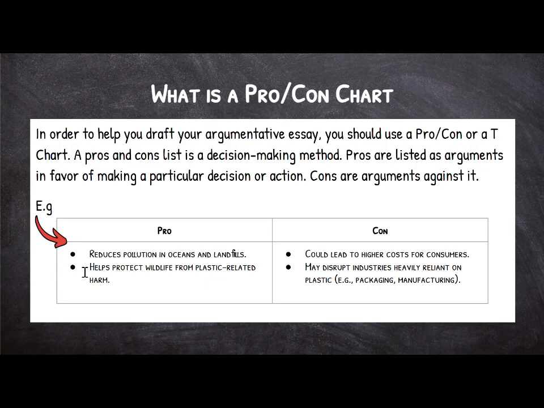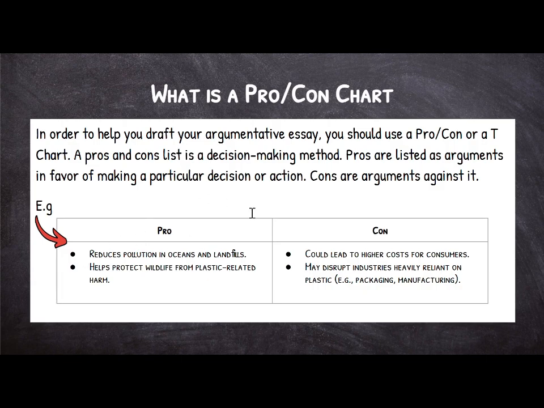We have a pro for banning plastics, which means that on this side you're going to have why we should ban plastics. And on the con side, you're going to say why we shouldn't ban plastics.